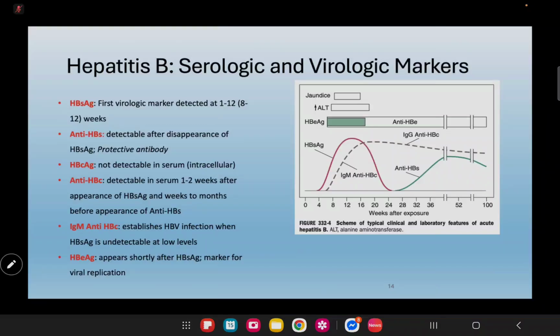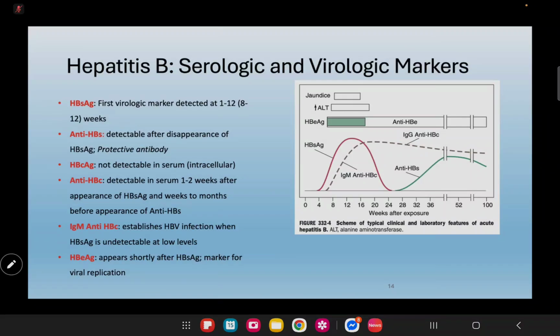Then the anti-HBs appears after the disappearance of HBsAg, and it confers protective immunity. So if there is anti-HBs, there is already a protective antibody.